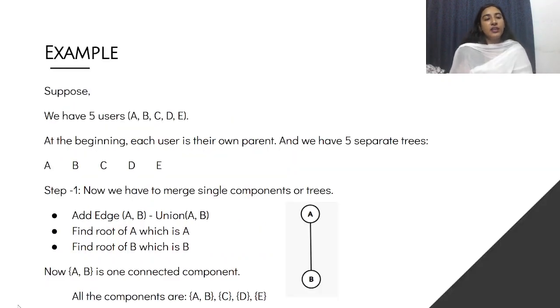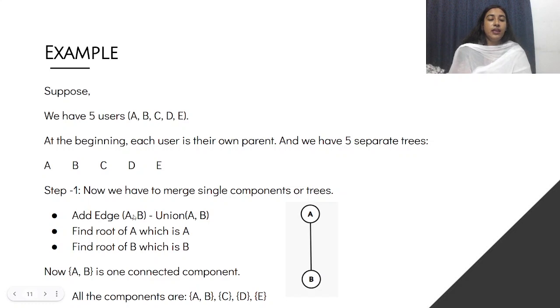Now if I talk about an example, suppose we have 5 users A, B, C, D and E. At the beginning, each user has its own parent, which are the separate trees A, B, C, D and E. So first step, we have to merge into a single component or tree.